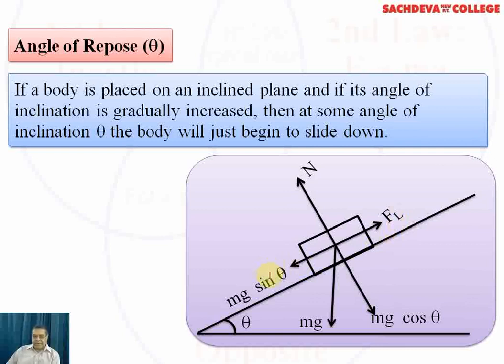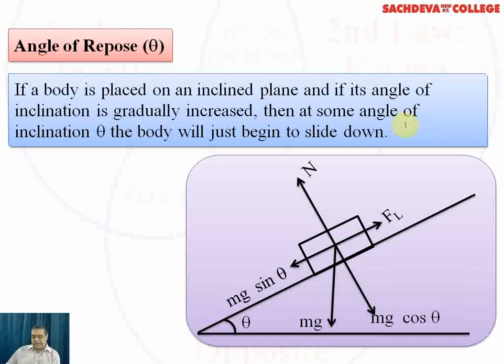Now we can put it like this: the angle of repose is theta, that is, the angle of inclination of the plane. If a body is placed on an inclined plane, and if its angle of inclination is gradually increased, then at a certain instant we'll find the body begins to slide down. So once more I will repeat that a block is kept on the inclined plane. The movement will start on slightly increasing the angle.